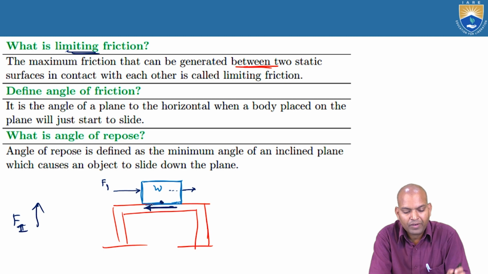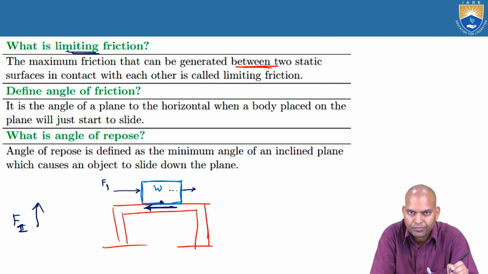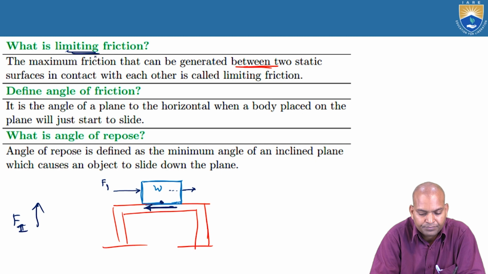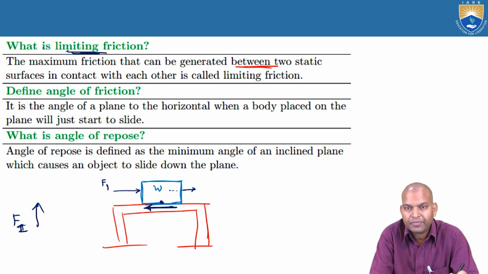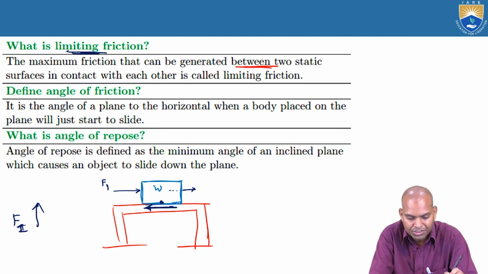So the value at which the body tends to move by the application of the force is known as the limiting friction. This is the maximum value before the body is in motion, that is, in dynamic condition. Up to that place it is in static condition.